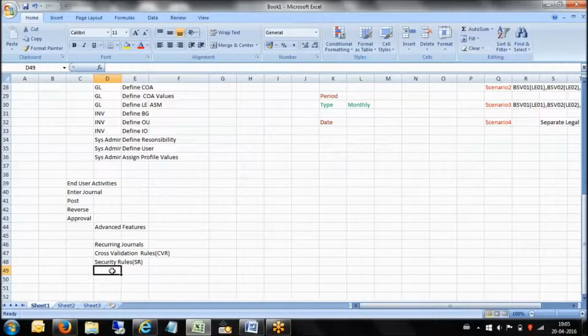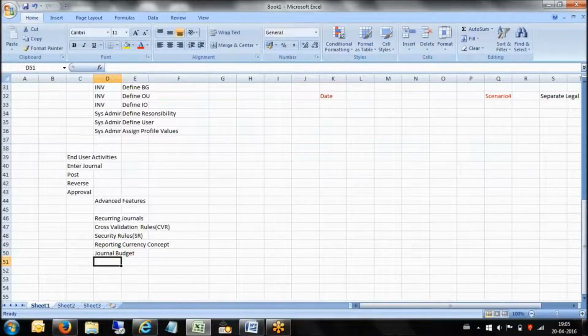Then we have reporting currency concept. Then we have journal budget. I have not seen even a single company using Oracle's journal budget feature, but still we have it. We'll do intra-company revaluation.